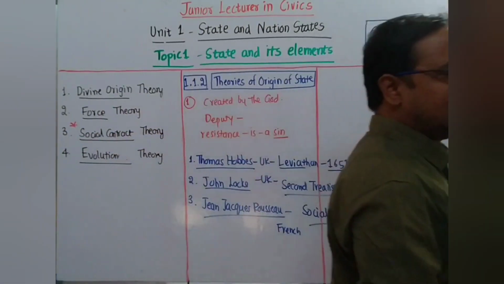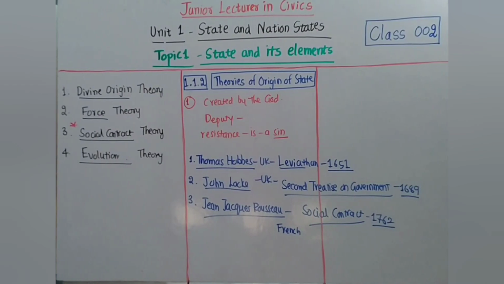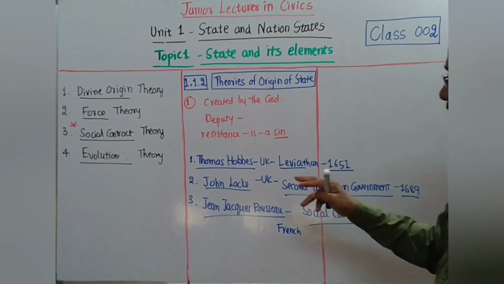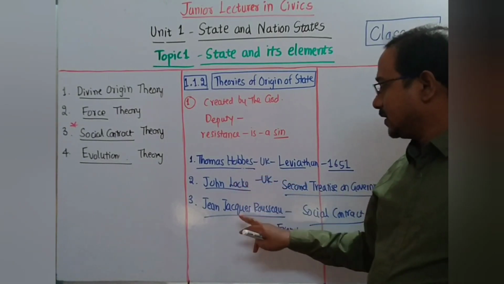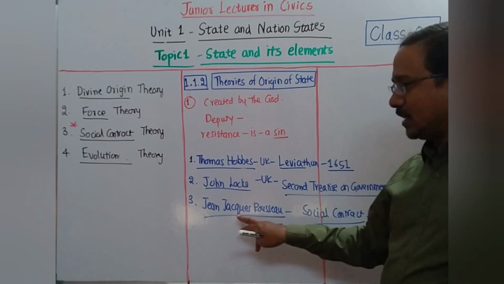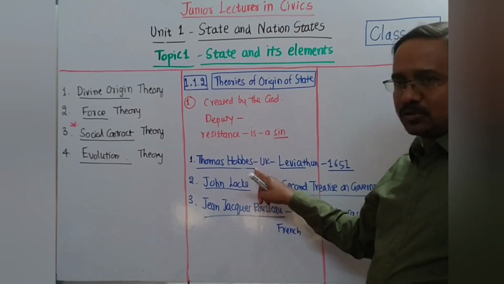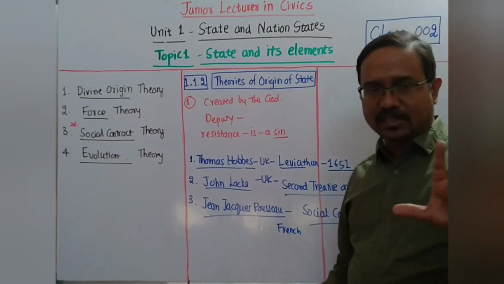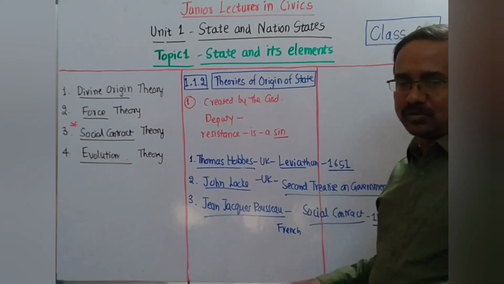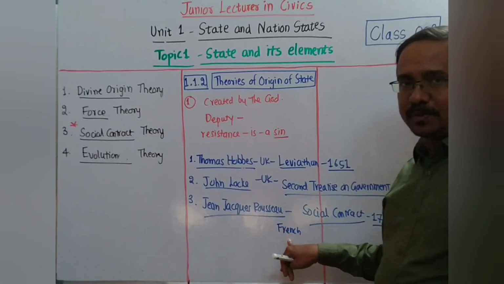These three exponents, these three staunch supporters of the social contract theory, you have to remember: Thomas Hobbes, John Locke, Jean-Jacques Rousseau. Rousseau was born in Geneva in Switzerland but settled in France, so we will treat him as a French person.